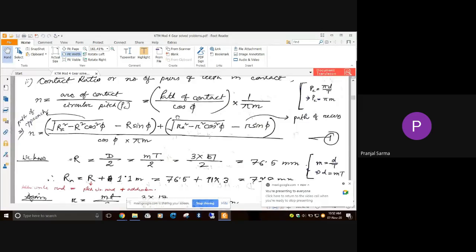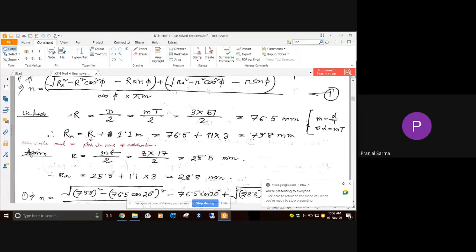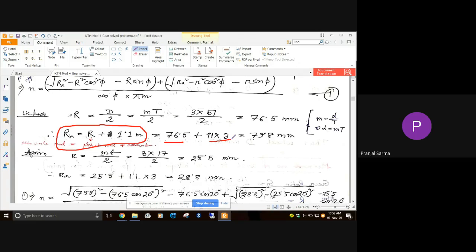So after that, the rest is on similar lines. The R value we have just found out. Next, Ra we will find out by adding the pitch circle radius with the addendum. Addendum is given as 1.1 times the module. So R we have just found out, and 1.1 into 3, that is the module, and we have obtained some value.